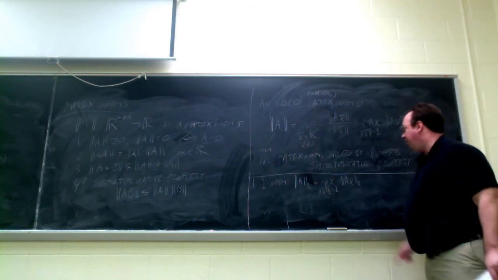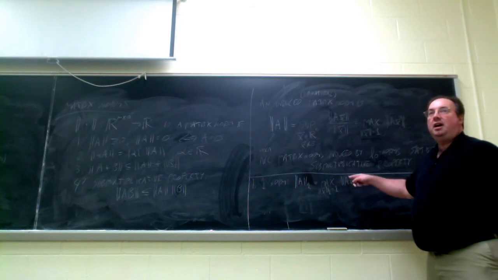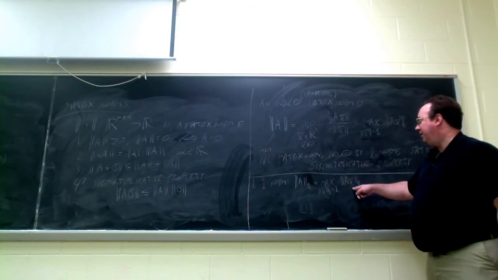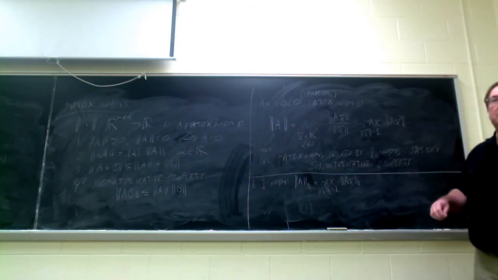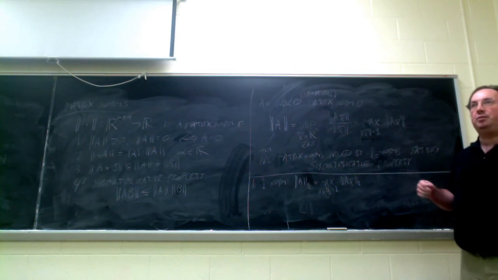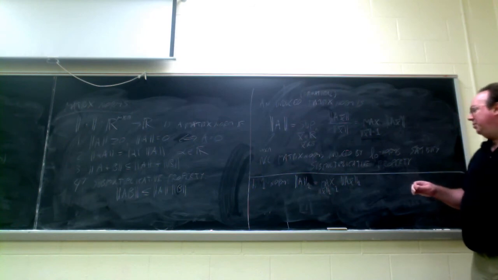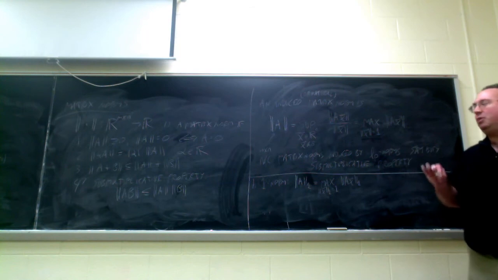So what I need to do is find an upper bound for this. And then, to confirm that this upper bound is the least upper bound, or maximum, I need to find an x which makes this inequality an equality.